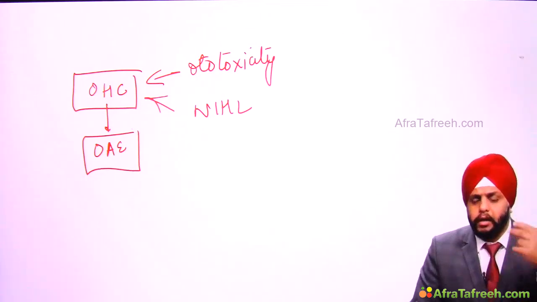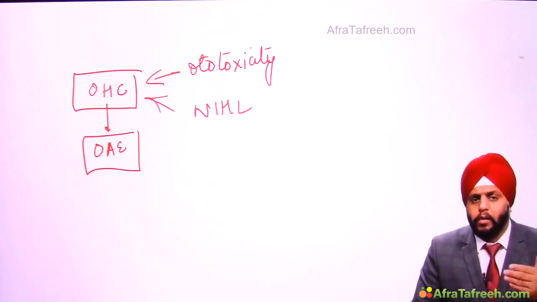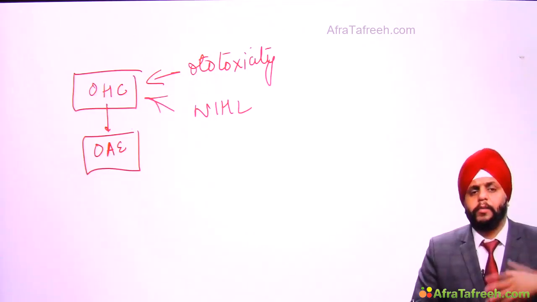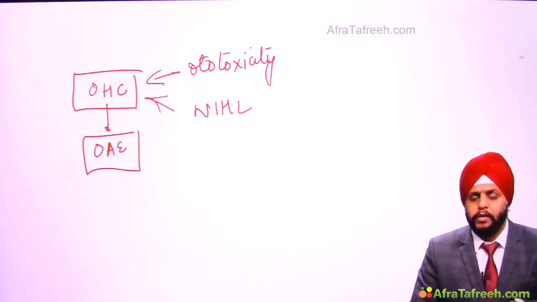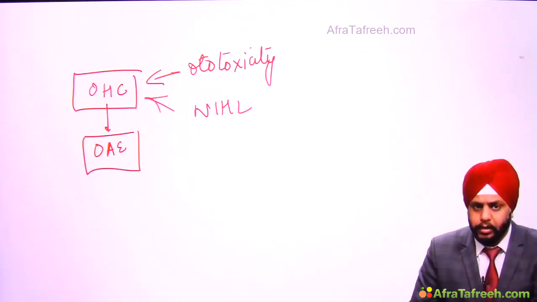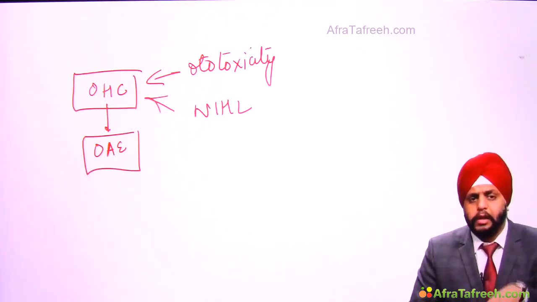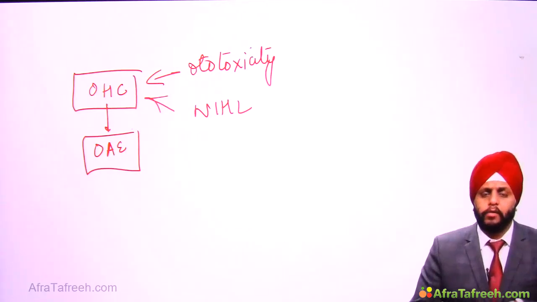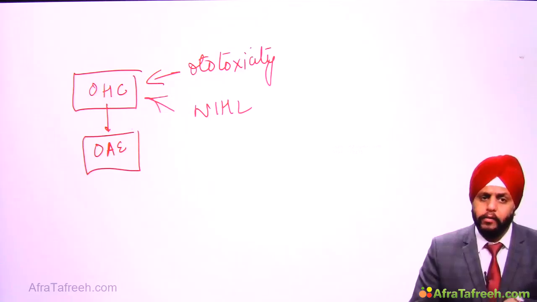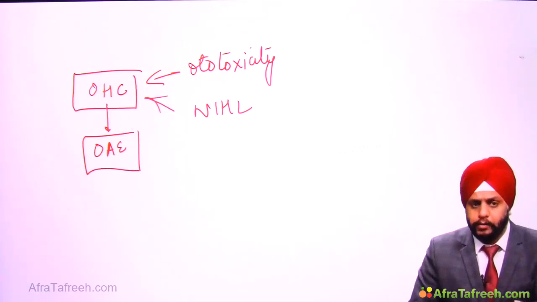It can detect ototoxicity and noise-induced hearing loss even before they have caused some visible change in the hearing of the patient, some visible change in the audiometry. So this OAE is nowadays also used while giving ototoxic drugs.